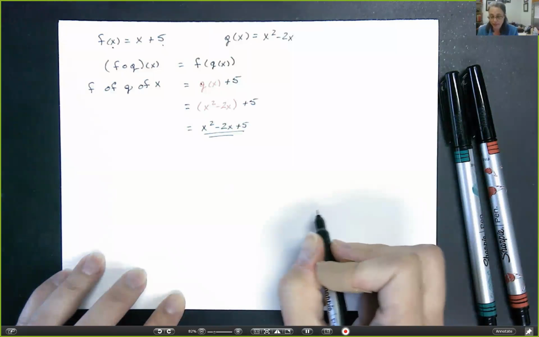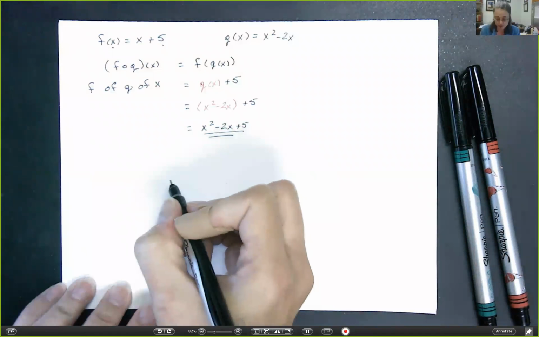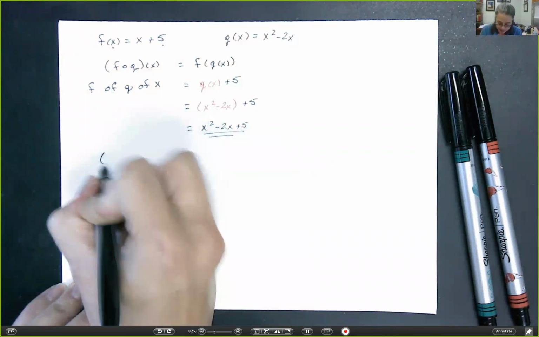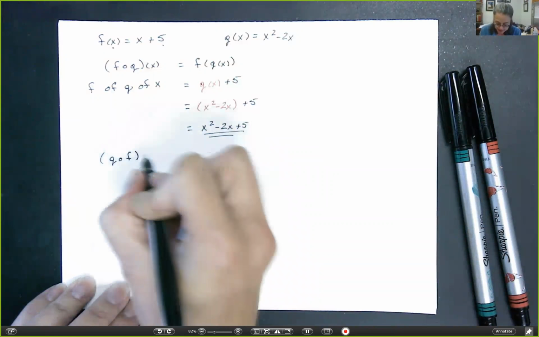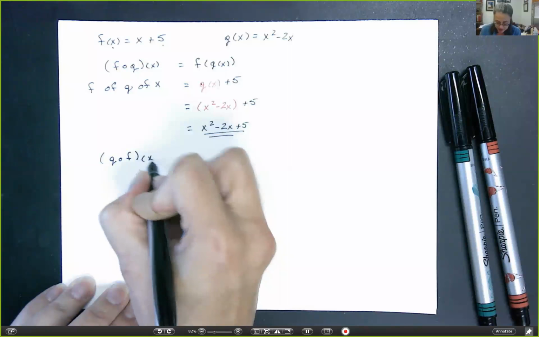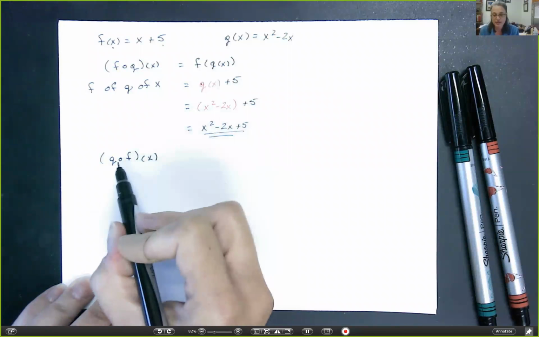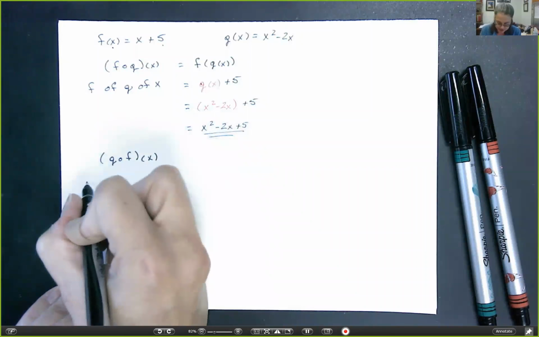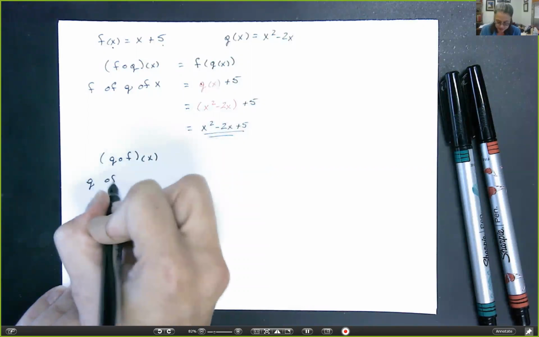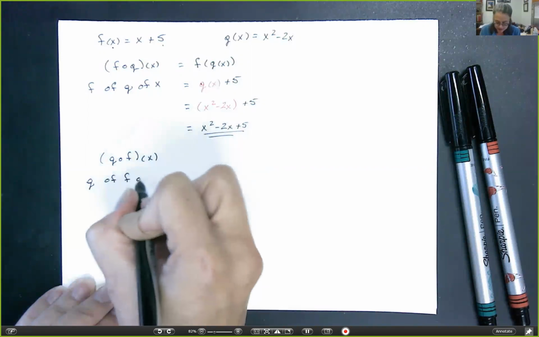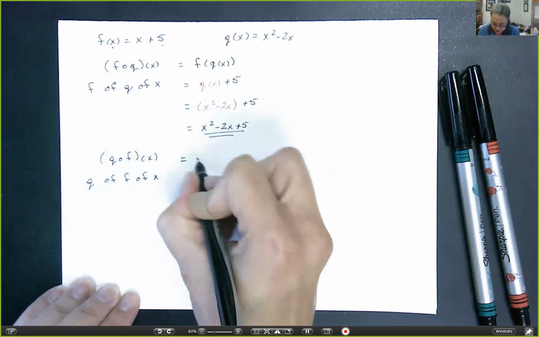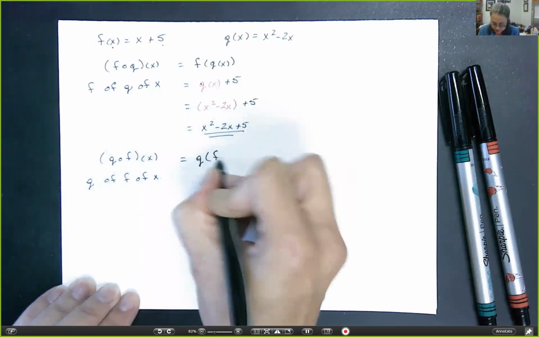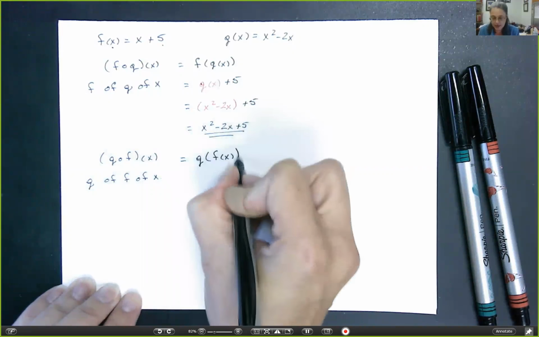Now we have to be careful of order, because F of G is not necessarily the same thing as G of F. What I did was put the G first. This is G of F of x, which means the G now goes on the outside.